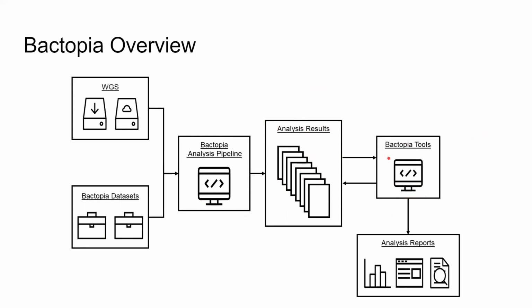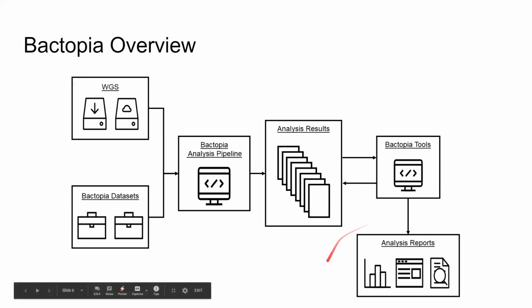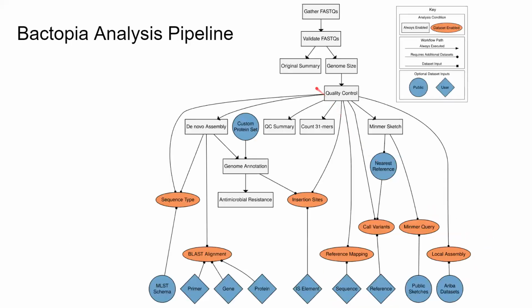For example, if you wanted to create a pangenome with Roary, the Bactopia tool for Roary will find all the GFF files for each of the samples and then create your pangenome. And then you get analysis reports.